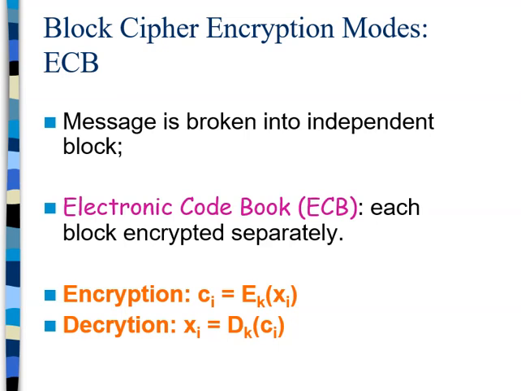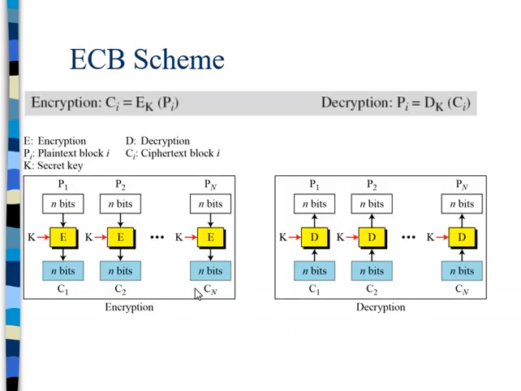Okay, now we discuss the block cipher encryption mode ECB. In this method, our plaintext or message is broken into independent blocks, and each block is encrypted separately. As you can see here, we have the blocks of plaintext with the same size in bits, P1, P2 till the last part.